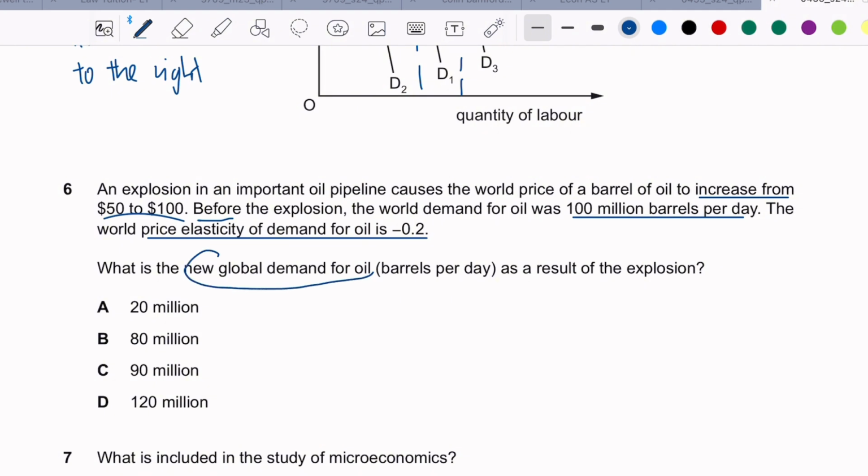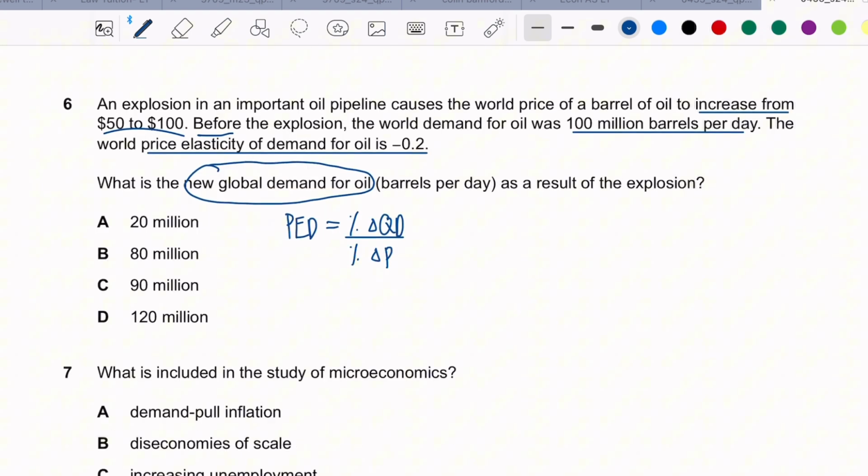What is the new global demand for oil as a result of the explosion? So first, you need to know the PED formula, which is this. PED equals percentage change in quantity demanded divided by percentage change in price. And you use new minus old divided by old value.